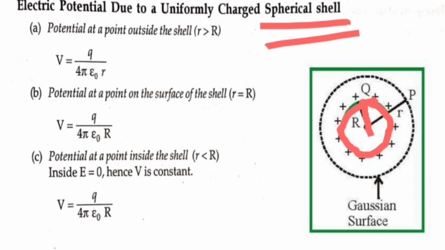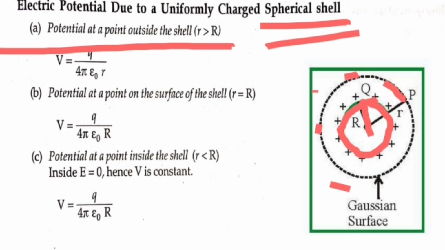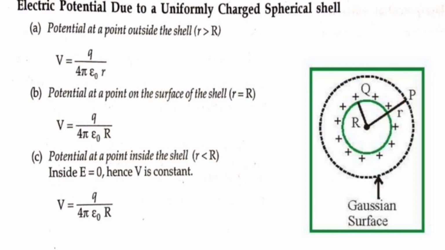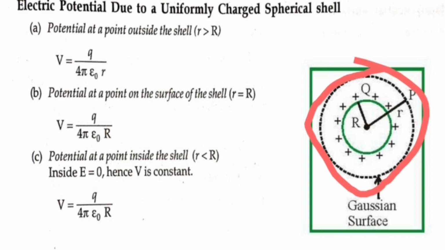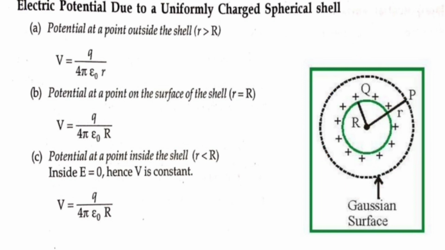Okay, number two, for the first point, that is potential at a point outside the shell. So we need to consider a Gaussian surface like this one, the larger surface. Here the radius is smaller, and you need to calculate potential for this.